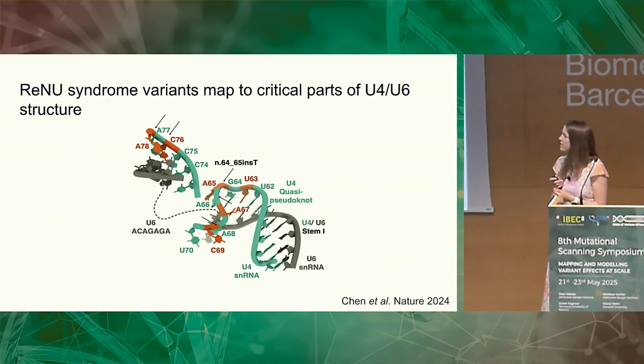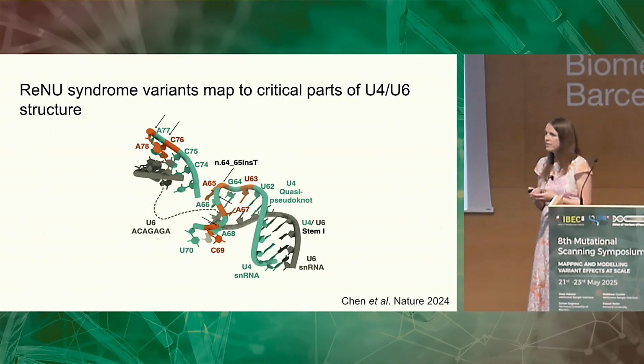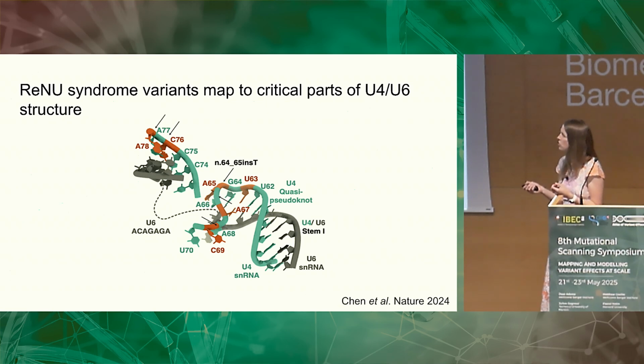To zoom in on the center of that interaction between U4 and U6, here I'm showing you a part of the cryo-EM structure of just this very central portion of the gene, where the bases where we find single nucleotide variants are shown in orange, and the positions where we find single base insertions are shown by arrows, this being the primary insertion in the middle here. And what we find is that all of these variants map to two key structures in this duplex.